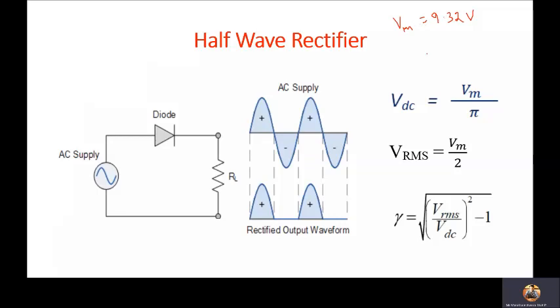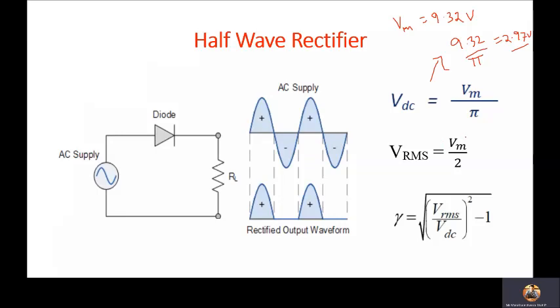This is from output. Now what is VDC? This VDC is 9.32 divided by pi. How much is it? 9.32 divided by pi. So it is 2.97 volt. Output is 2.97 volt VDC.